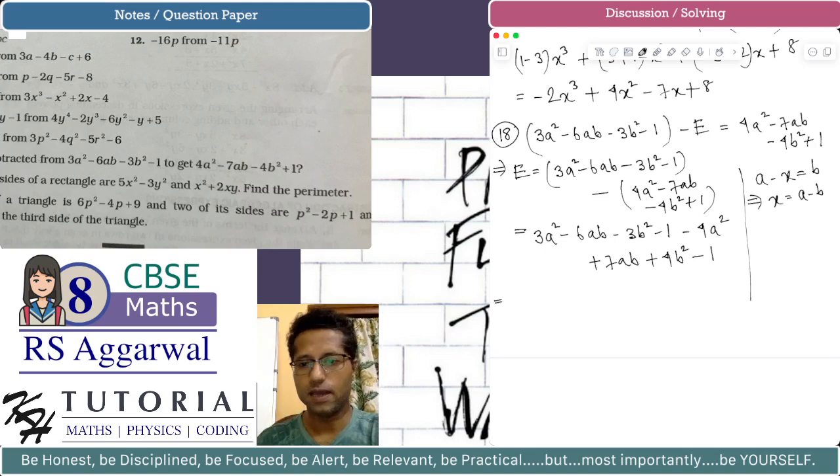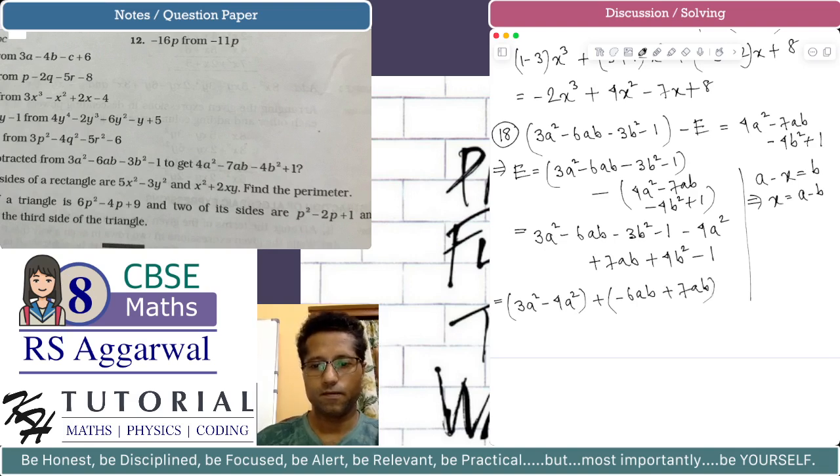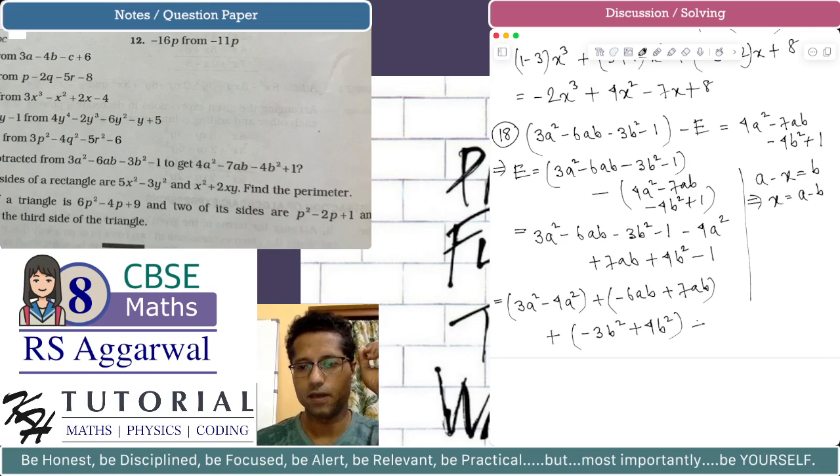Now we group the like terms. We have 3a square minus 4a square, minus 6ab plus 7ab, minus 3b square plus 4b square, and minus 1 minus 1.